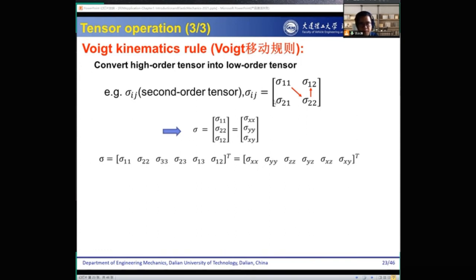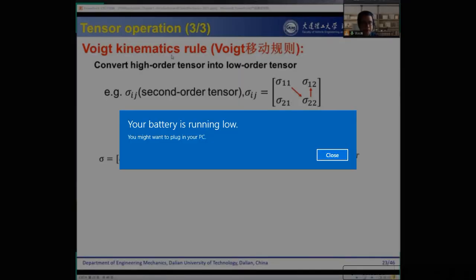Because we all know the stress is a symmetric matrix. Because it's a symmetric matrix, we don't need both sigma 12 and sigma 21, which means sigma 12 equals sigma 21. So we only need one of them. That is enough. That's why we can use the kinematic rule. We only take the diagonal elements sigma 11, sigma 22, and then we take one of those values in the non-diagonal position.